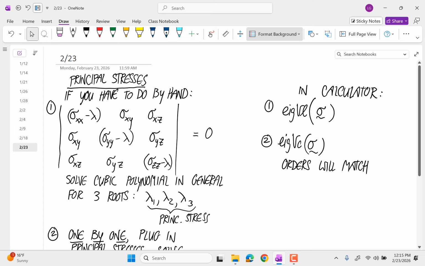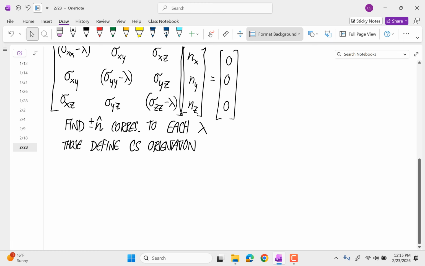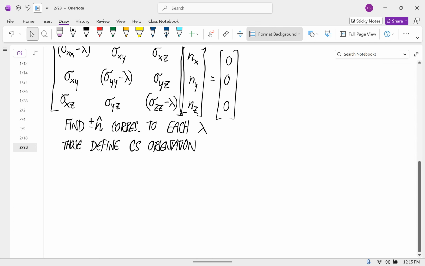Okay, any other questions about principal stresses or corresponding principal coordinate axes? So the eigenvalues are the principal stresses.